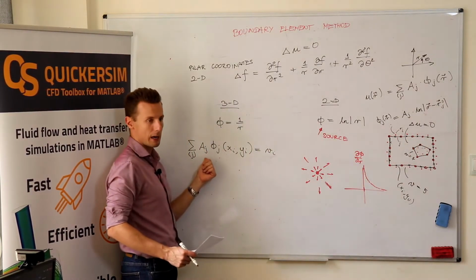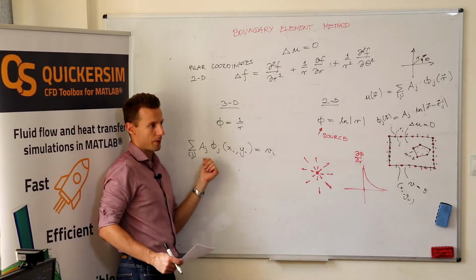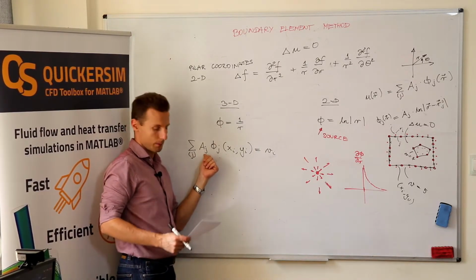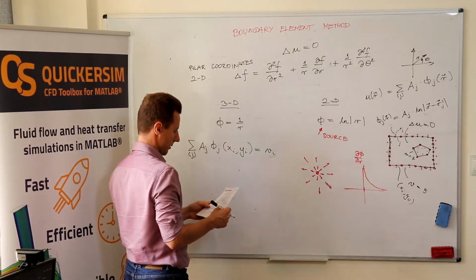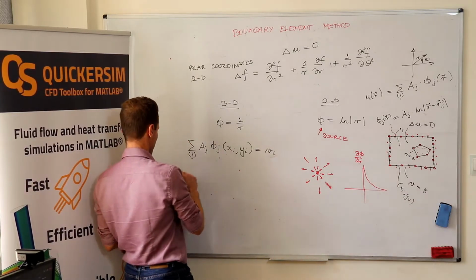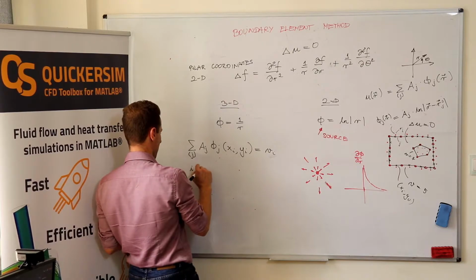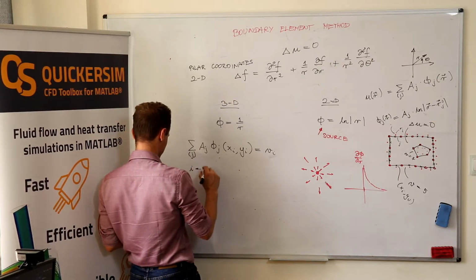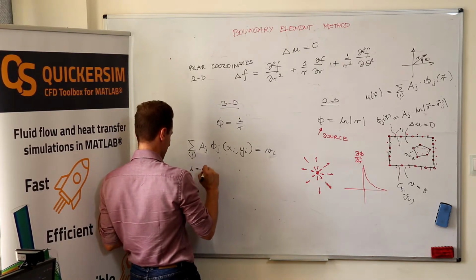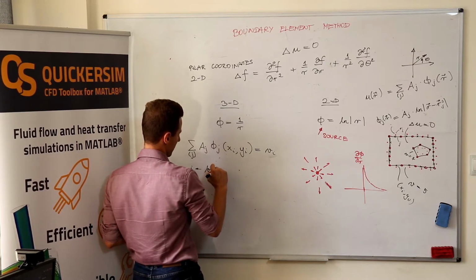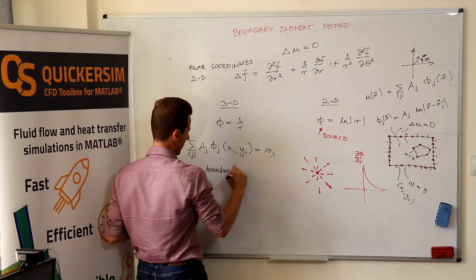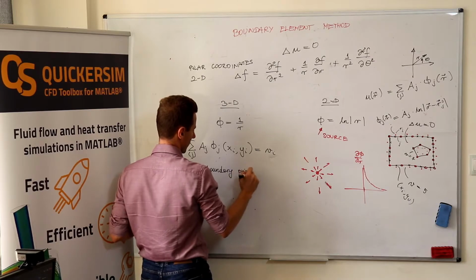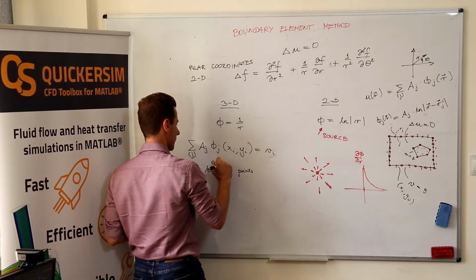And we do have unknowns that are indexed by j. So you arrive at, we can write I to index boundary points or control points.